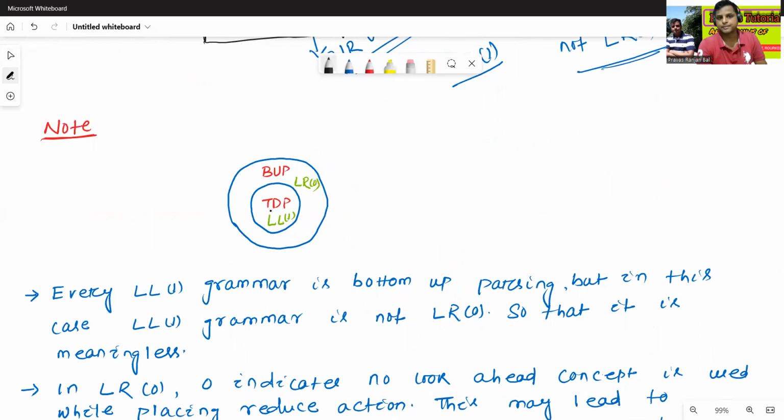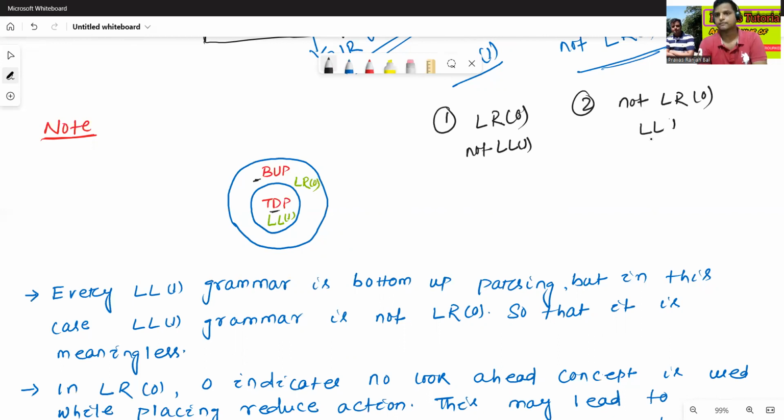Every top-down parser is a bottom-up parser. Means the first grammar is LR0 but not LL1. The second grammar is not LR0, but it is LL1.